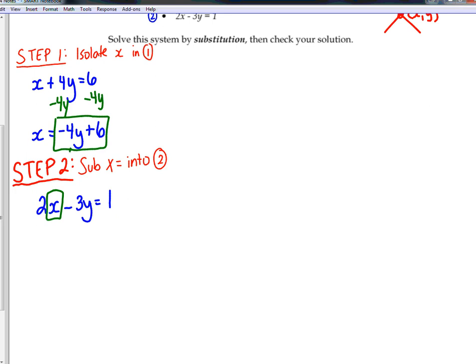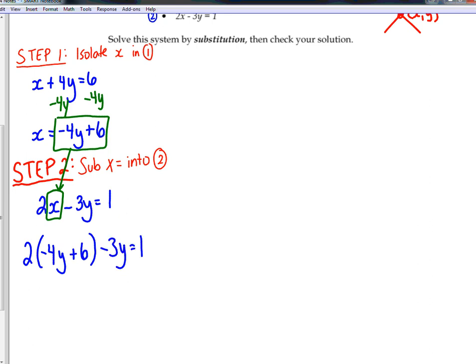So we're going to replace x with what it equals. It's like inception, an equation inside an equation. X is actually an expression. So 2 times negative 4y plus 6, minus 3y equals 1.